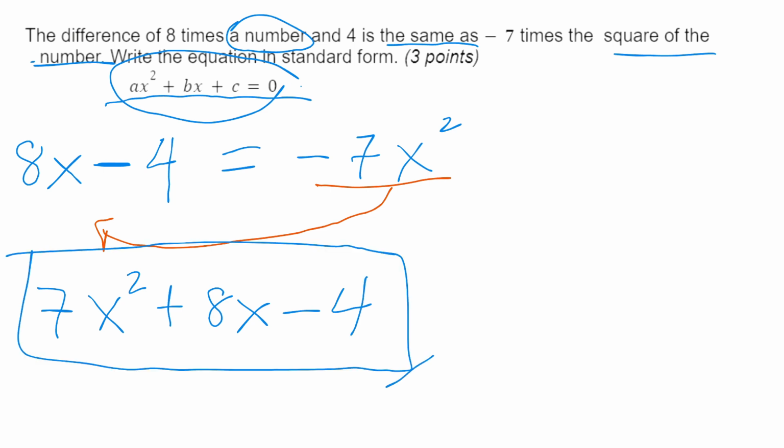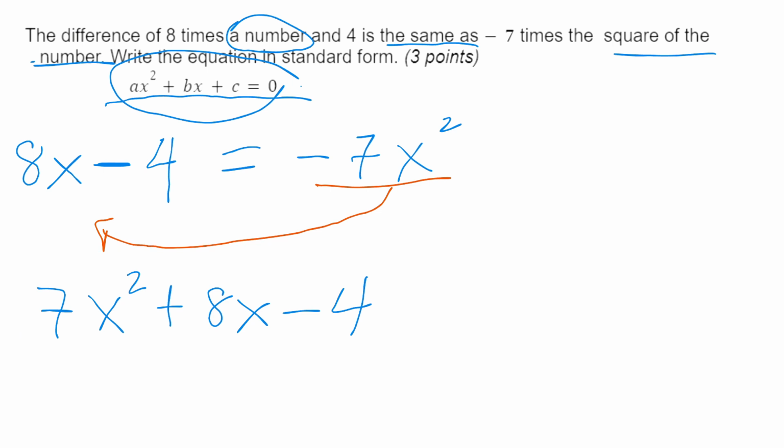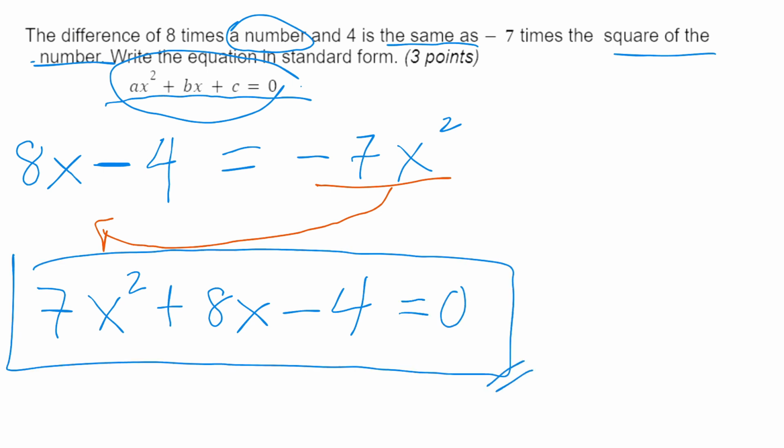This one here is already our answer. But let's not forget the 0 there. If you're still confused with this one, you can try to rewind the video, or simply you can also ask me again. I hope this one is clear.